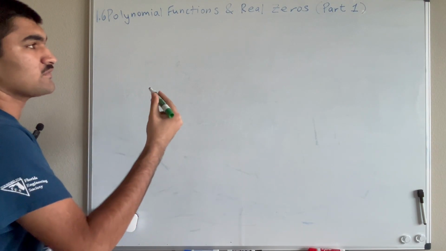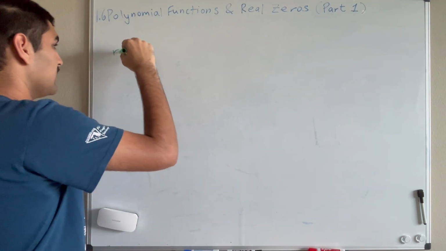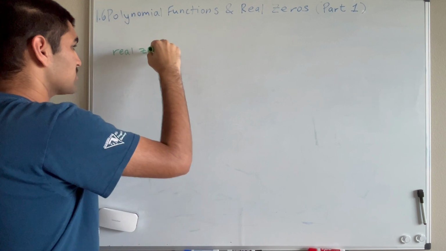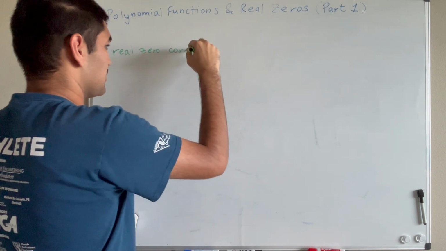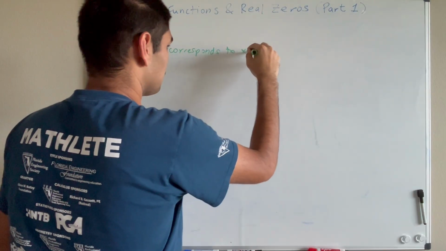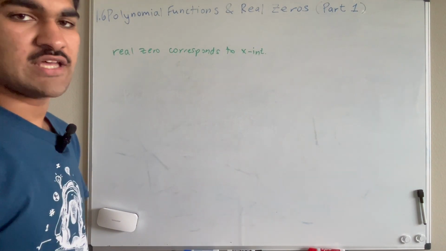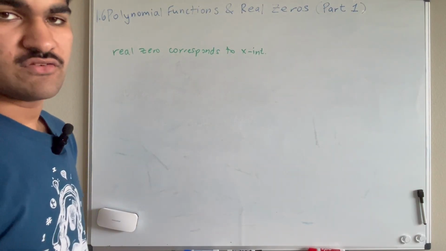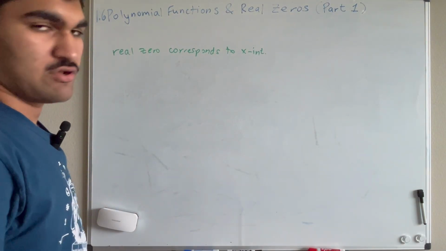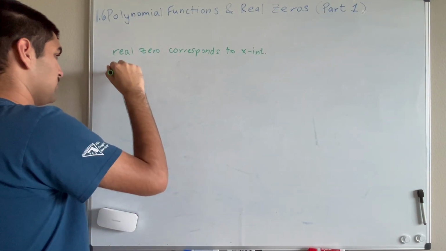So first, let's define what a real zero is graphically. Graphically, a real zero corresponds to an x-intercept. So if the function crosses the x-axis on the graph of the function, then that corresponds to a real zero, whereas an imaginary zero does not correspond to an x-intercept.